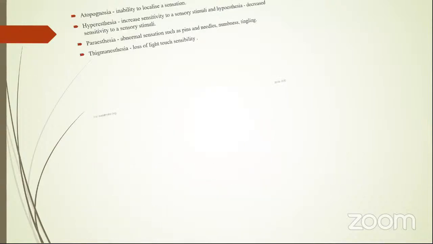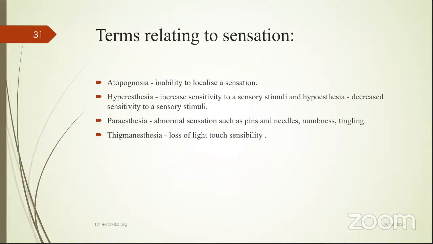From assessment, what else you get related to sensation is autoprognosia, that is, they are unable to localize a sensation. Then hyperesthesia is increased sensitivity to sensory stimuli. Hypoesthesia is decreased sensitivity to sensory stimuli.